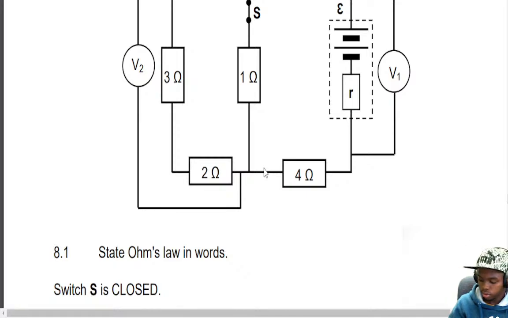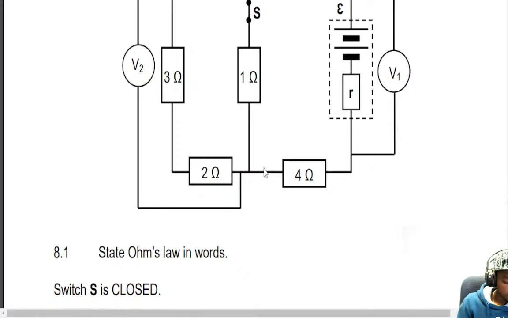There's a formula that we know. I think EMF is equal to, if I'm not mistaken, the total current times the resistance plus the internal resistance.